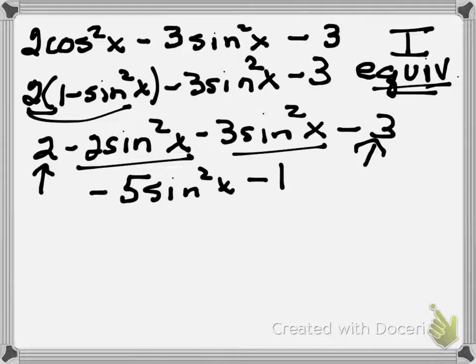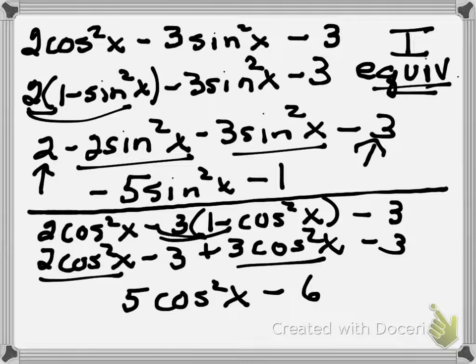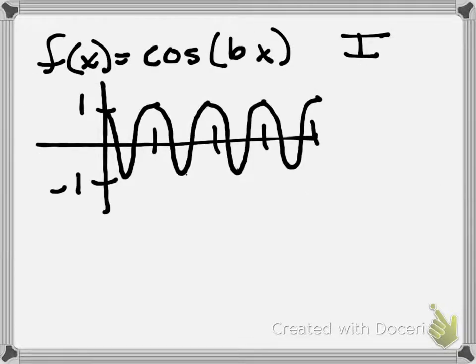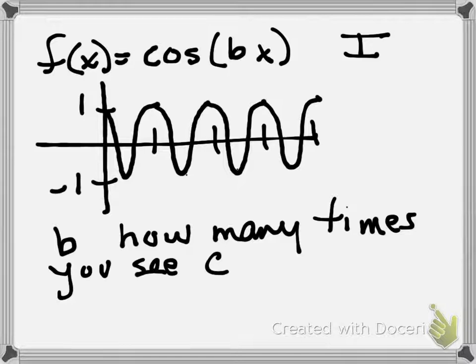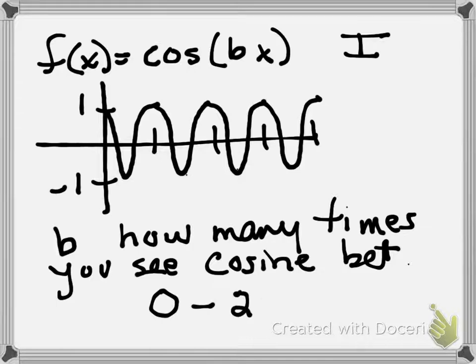Okay, any questions on that one? The b in front of the x, the b tells you how many times you see, in this case cosine, between 0 and 2 pi.